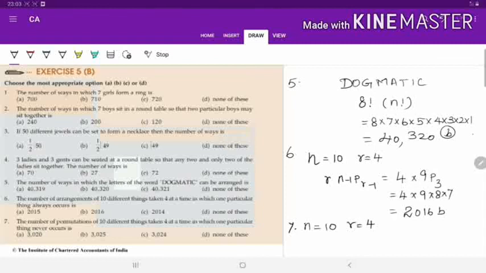So there is again a formula for this, which is (n minus 1)Pr. For n equal to 10 and r equal to 4, we have 9P4, which is equal to 9 into 8 into 7 into 6, which is 3024. Option C is the answer.